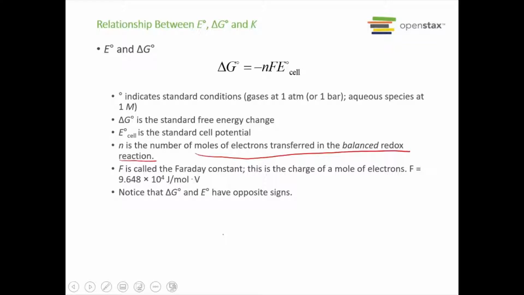So you need to make sure that the reaction is balanced and then go, okay, look, I see 3 electrons that are being transferred. Okay, so N would be 3, for instance. F is called the Faraday constant, and this is the charge of 1 mole of electrons. So Faraday's constant, F, is equal to 9.648 times 10 to the 4th joules per mole volt.